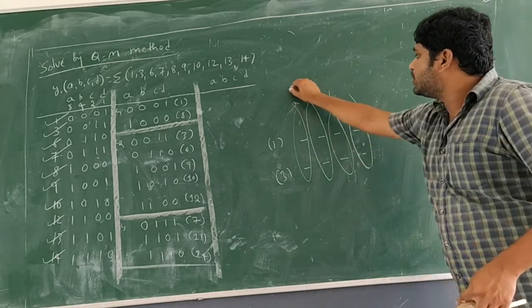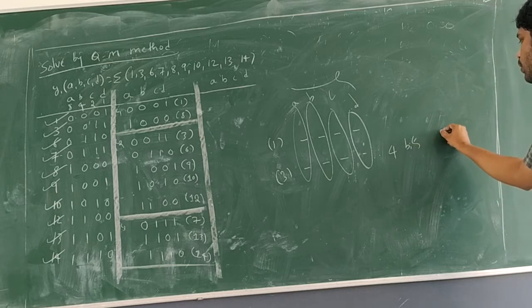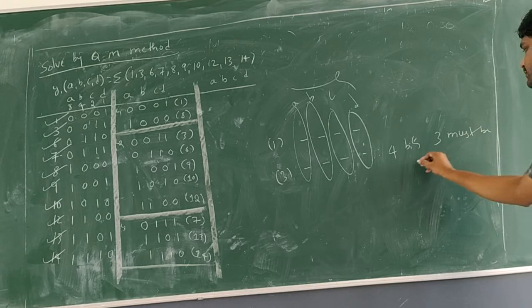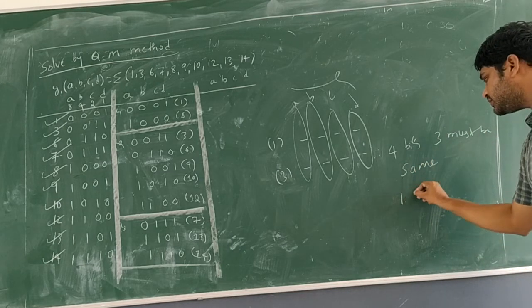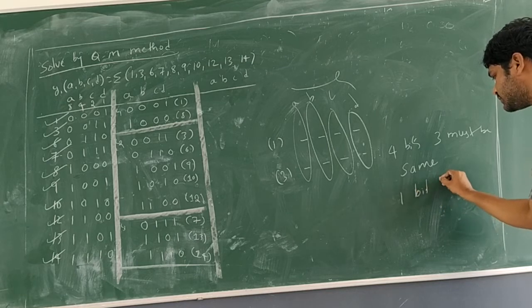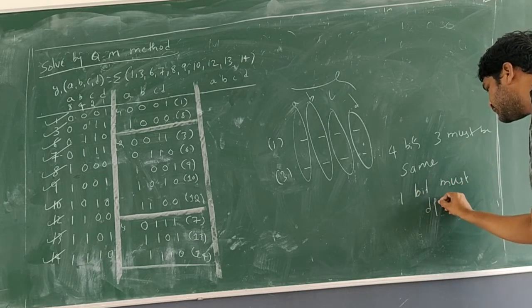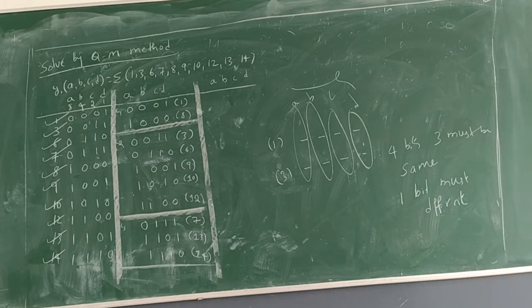Out of four bits, 3 must be the same. One bit compulsorily should be different. Okay. If A, B, C are same, D should be different.